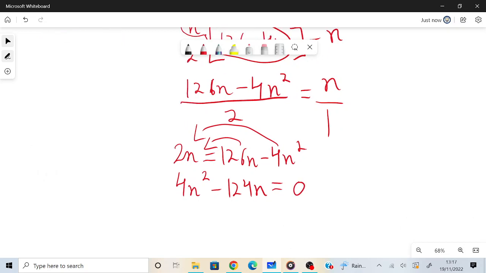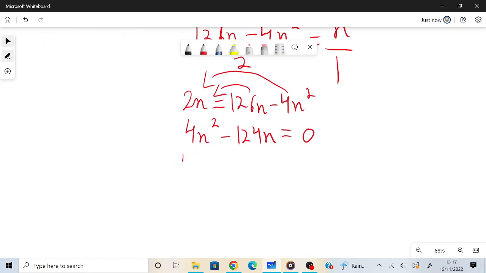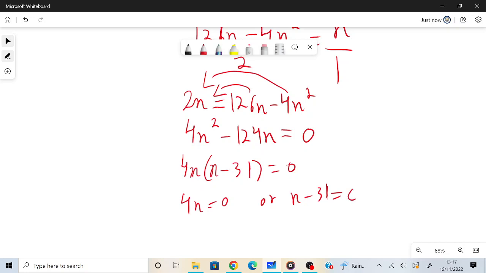We can solve this by factorization. So 4n into n minus 31 gives me 0. So 4n equals 0, or n minus 31 equals 0.